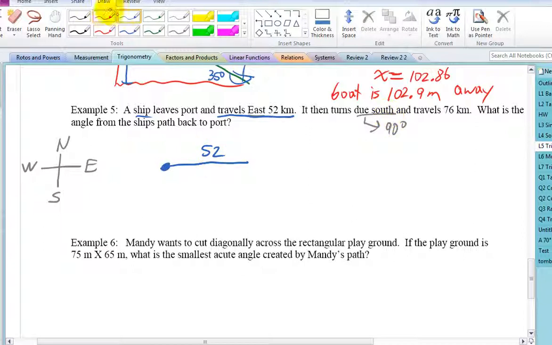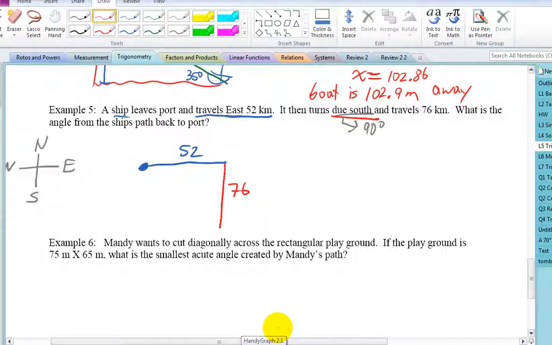Due south means 90 degrees down. That's for 76. Then the question is, what's the angle from the path, right here, back to port? Port is where we left. So we want to know this angle theta, or capital X, whatever you like to call it. But don't call it little x, because that's wrong. Make sure it's a capital letter.